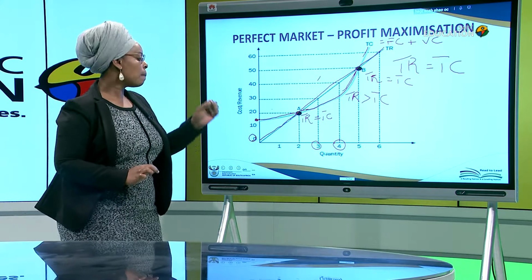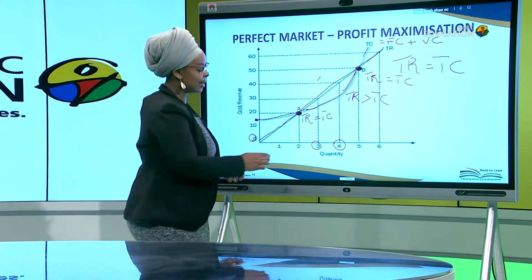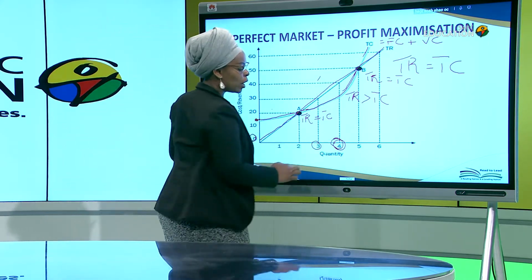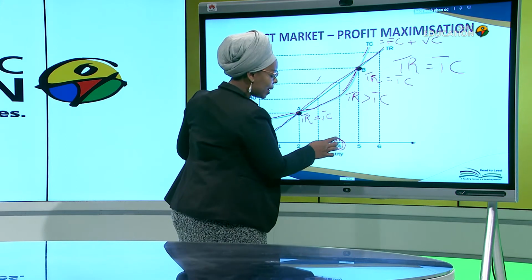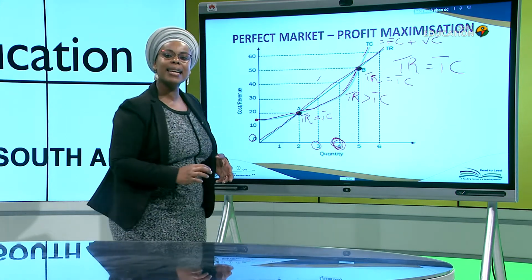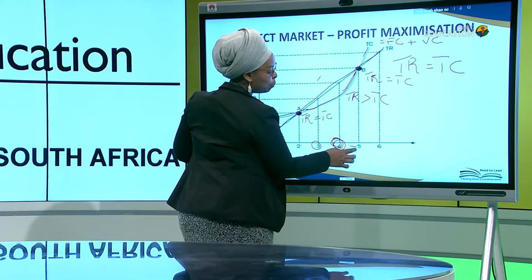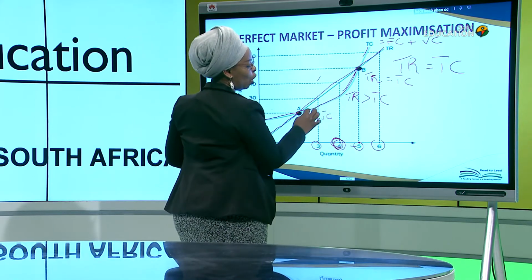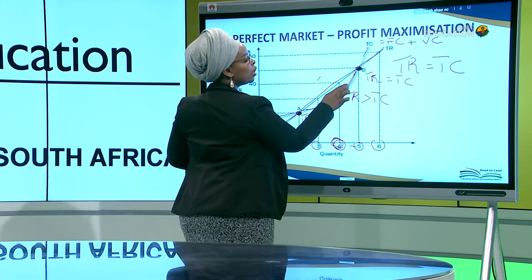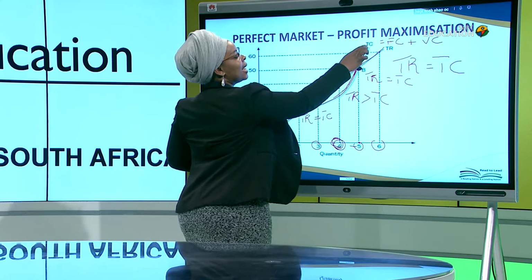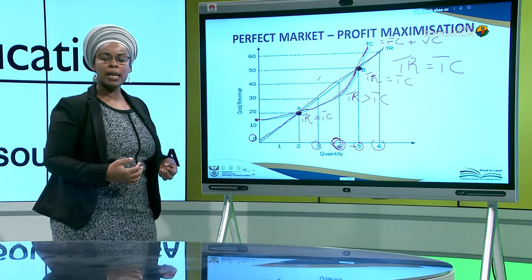This means that profit will be maximized at quantity 4. So if the business produces up to quantity 4, the business will make the highest profit. So there's no need to produce output 5 and 6 because the cost will start to rise and rise until it's above the total revenue.